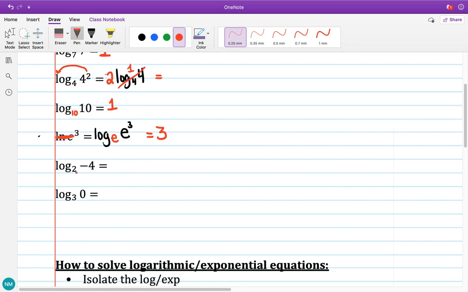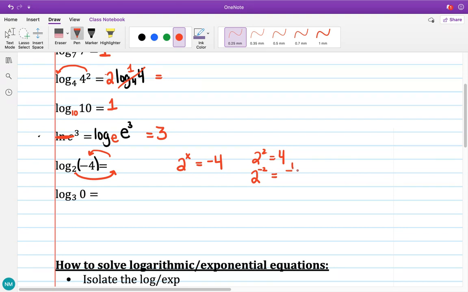And then here we have log base 2. This kind of looks like it says minus 4, but this should be in parentheses. Log base 2 of negative 4. So the question we have to ask is, 2 to what power equals negative 4? So 2 to the x equals negative 4. Well, what power can I raise 2 to in order to get negative 4? Does 2 work? No, because 2 squared is positive 4. 2 to the negative 2 is not negative 4.